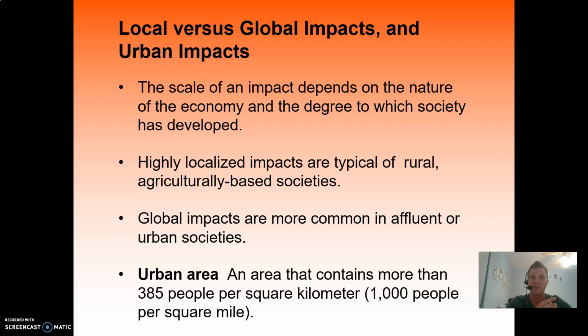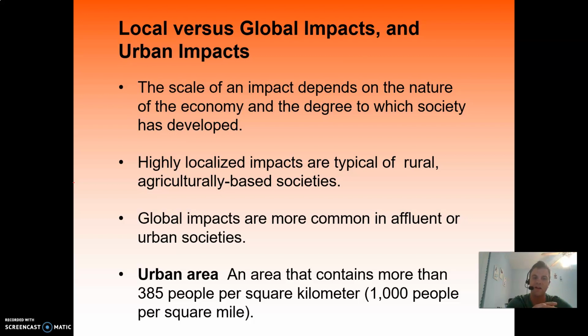Global impacts are usually seen more in the affluent or MEDC societies. We are the ones, like the United States, that use more land, produce more carbon dioxide, and put more pollutants in the air. So globally, usually it's the MEDCs being the issue there. Locally, though, those do add up to global problems if you add them all up together.